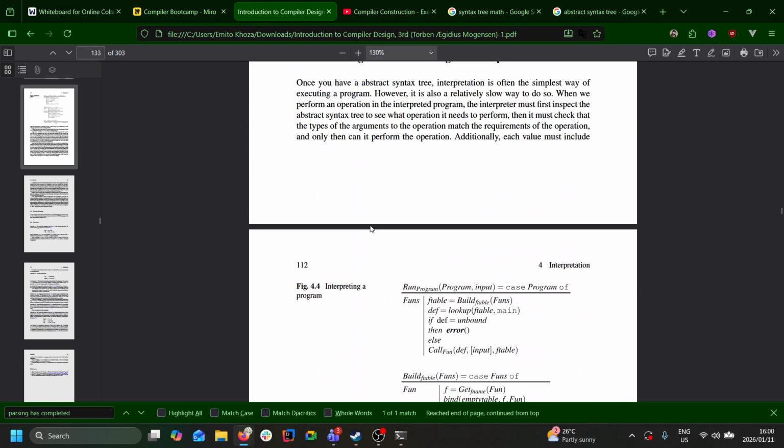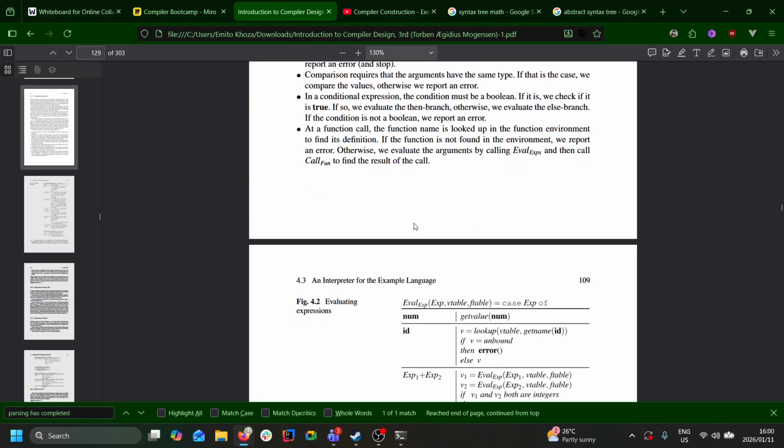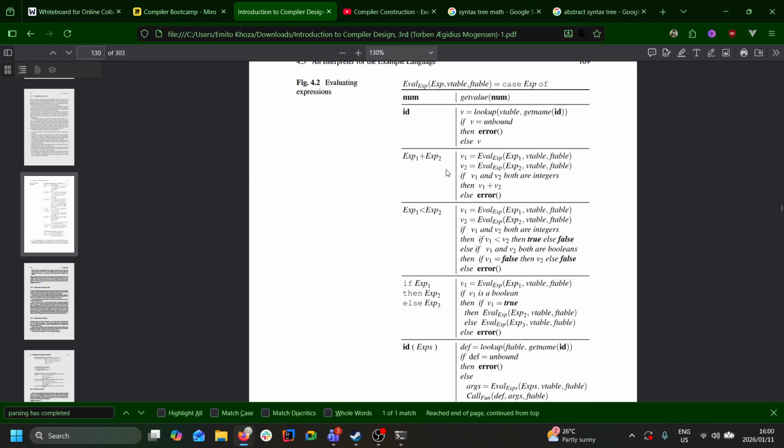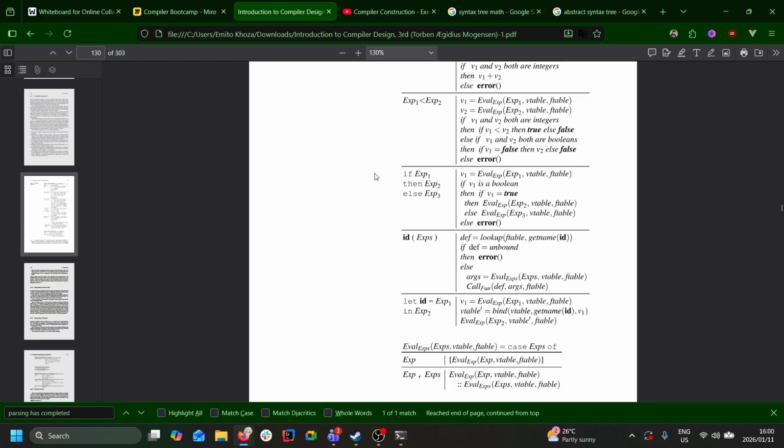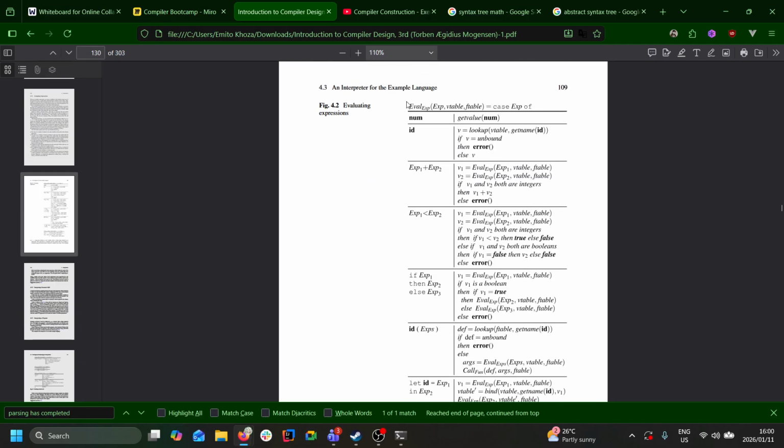I could have sworn there was an exercise we could do, but the tables are very similar to the ones in chapter 6, where you'd have a table for each non-terminal.